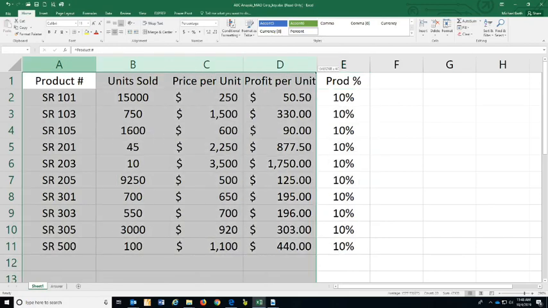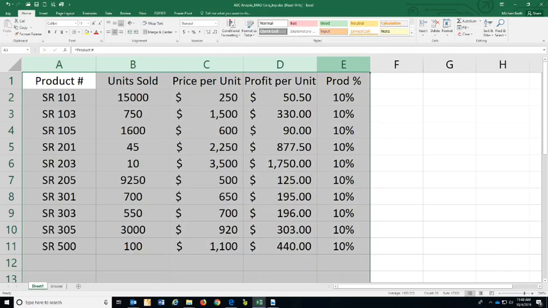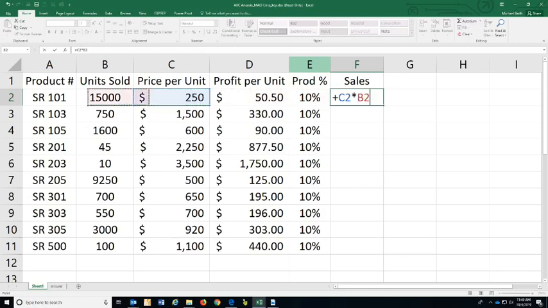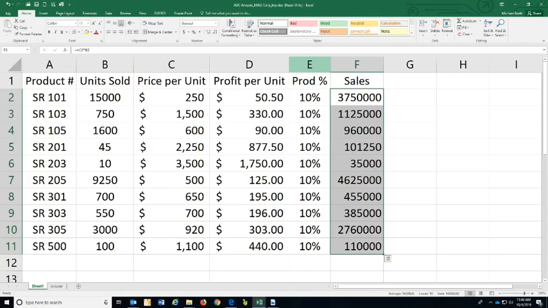So Pareto analysis is a way of figuring out what the contribution of these are, and that means that what you should focus on. So you could do it using sales, and if we were going to do sales, then you take the price per unit and multiply it by the units sold, and that'll give you the dollars of sales for each product.